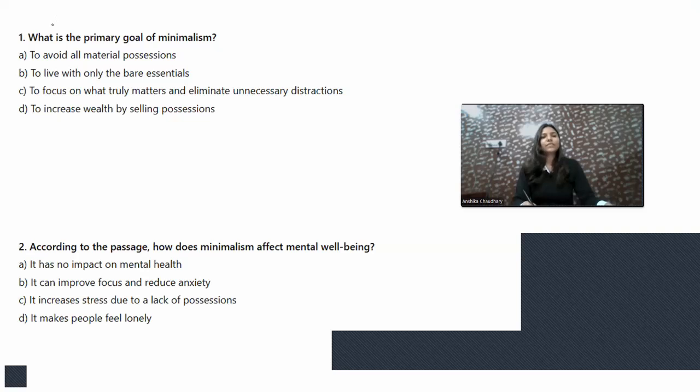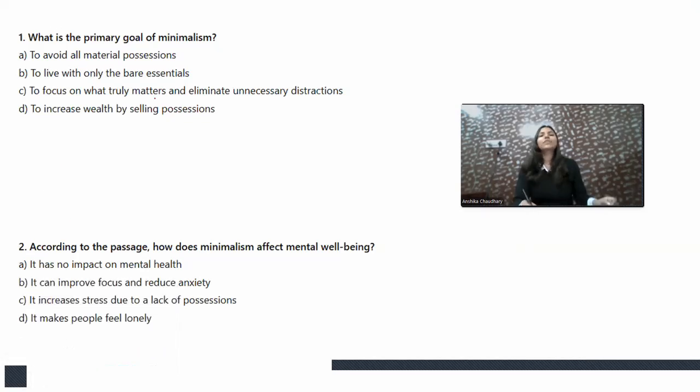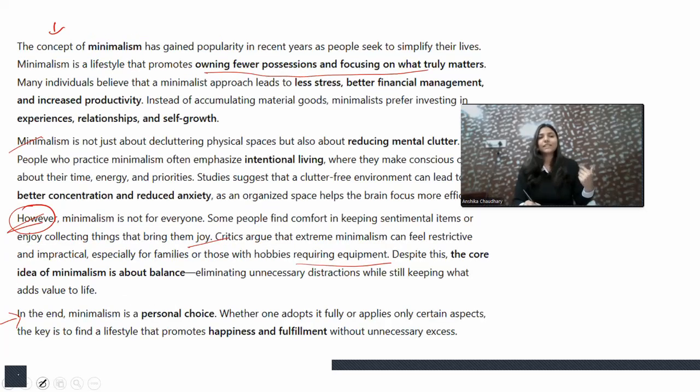All right, so the very first question is, what is the primary goal of minimalism? This question can be answered from this line only, that owning fewer possessions and focusing on what truly matters.